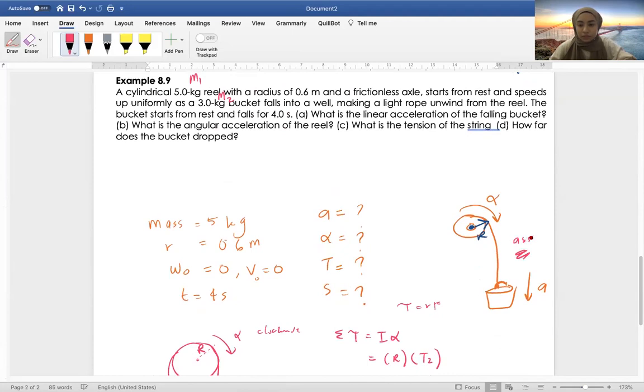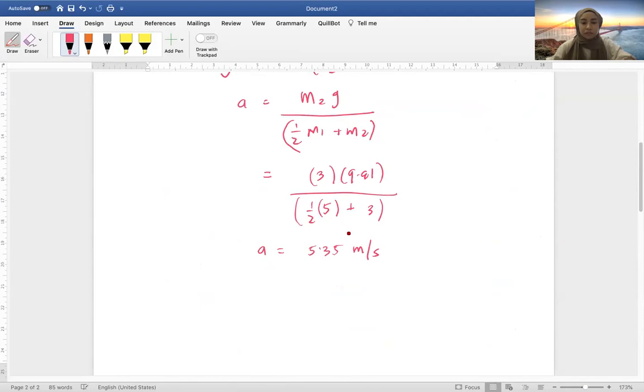And our answer is positive, which means our assumption is correct. If our assumption is not correct, this answer will be negative, which means that the acceleration is going up. So my final answer would be A is 5.35 meters per second squared going down. Or you can just put the arrow going down. Okay, so that's your final answer.